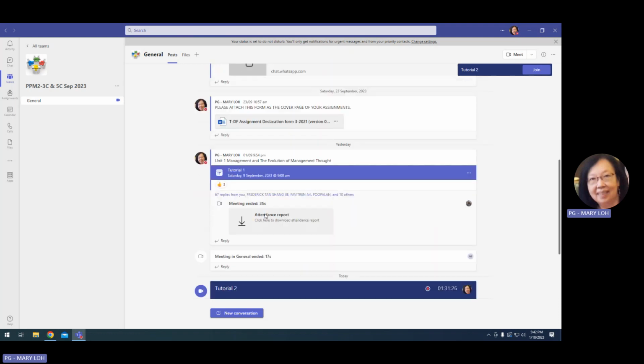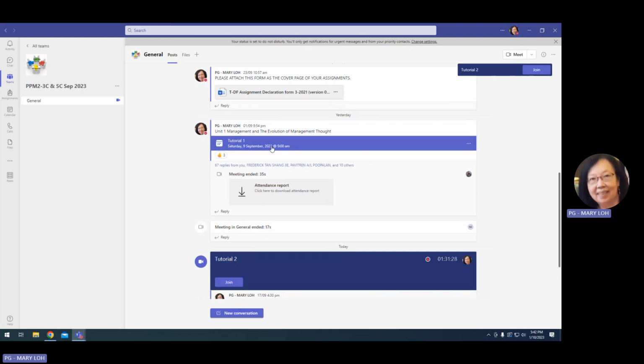Cover page. And I also posted in the WhatsApp group the guidelines on the assignment itself. Let me see the other group, then maybe I can also post it here.